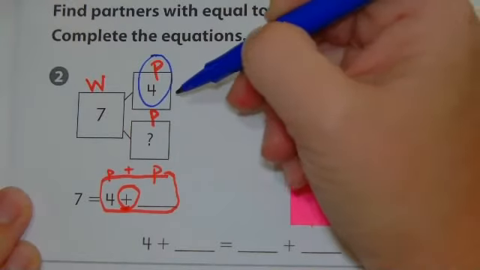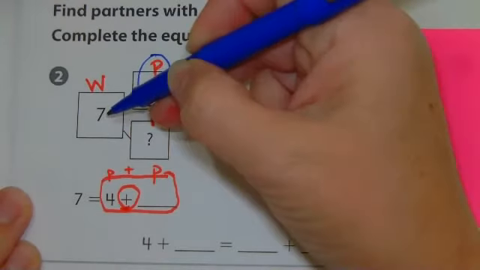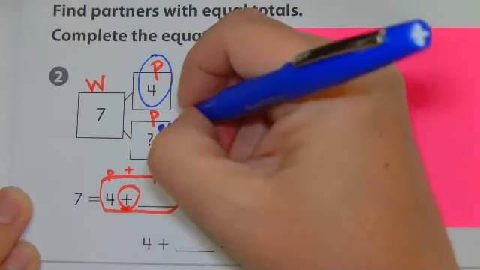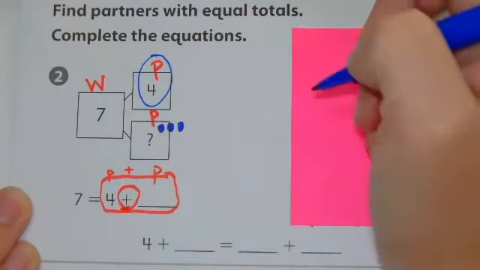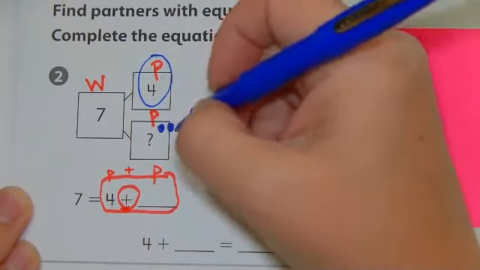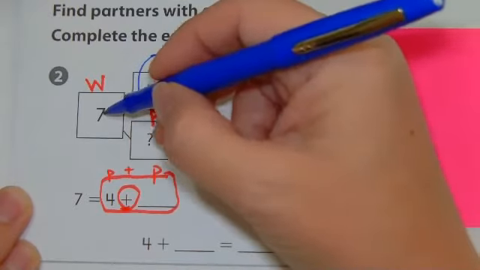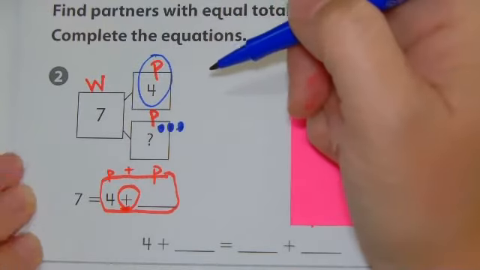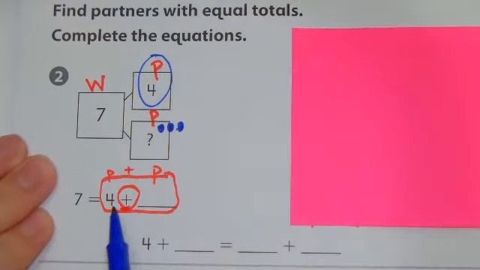So this is the part we know, 4, count up to the whole, 4, 5, 6, 7. 4 plus 3 equals 7. 3 plus 4 equals 7, right?